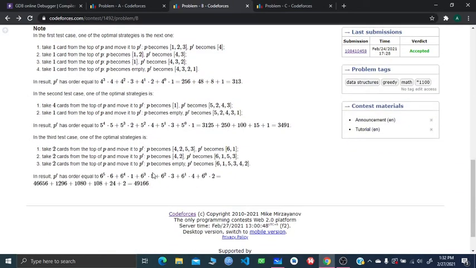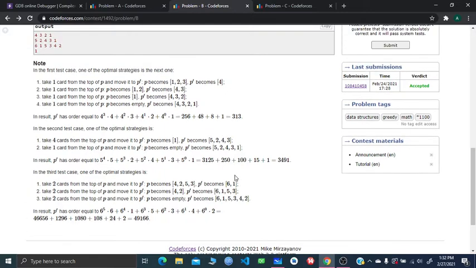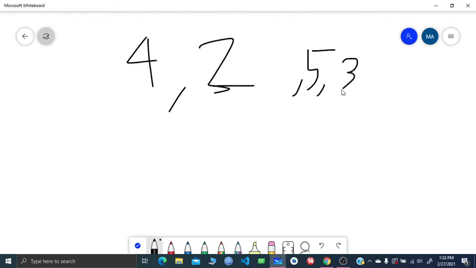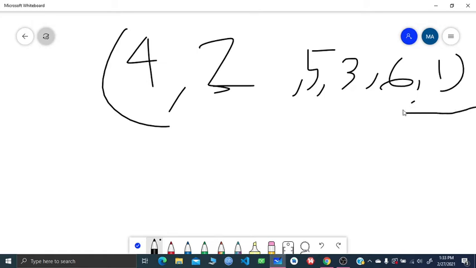4 2 5 3 6 1. So out of these values, remember what I said, I have to pick my card from the top of the deck until some point.